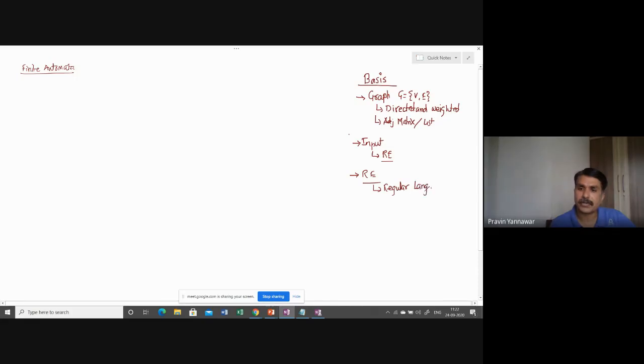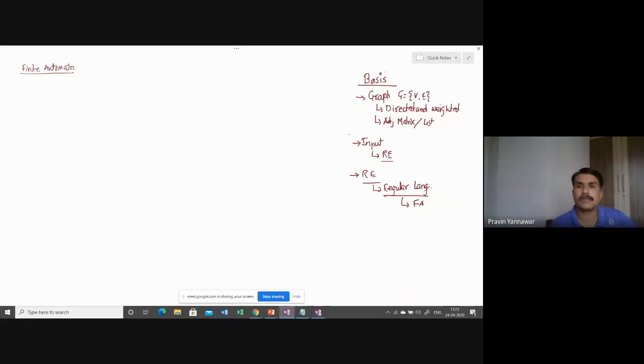This is important. And if a regular expression is accepted by a finite automata, then for this regular language the finite automata is also useful. So these are the basis.